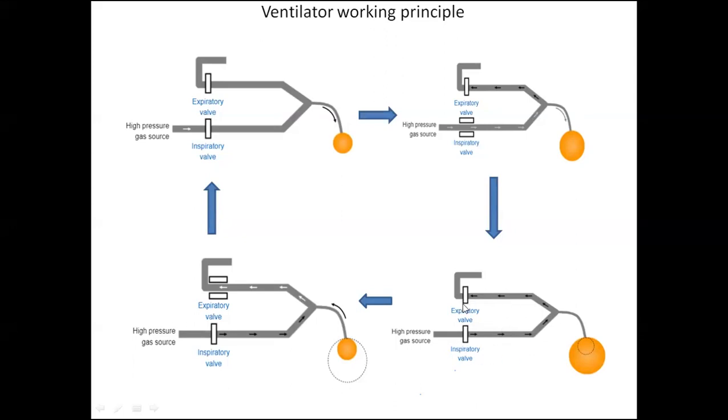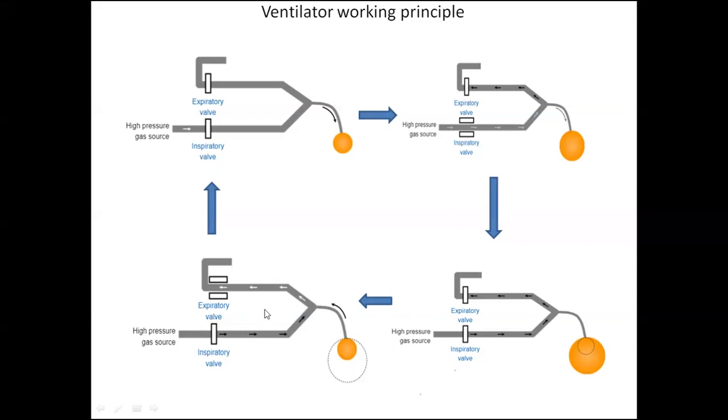And throughout inspiration, your expiratory valve will not open. If it opens, you're not going to maintain the pressure during inspiration. So during inspiration, the expiratory valve is totally closed. At the start of inspiration, your inspiratory valve will open, but once the desired pressure is reached, it will start closing. And finally, at the end, when the child moves on to expiration, the ventilator will open the expiratory valve.